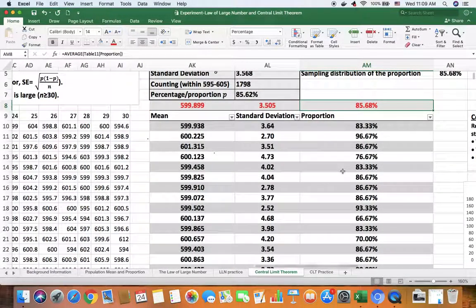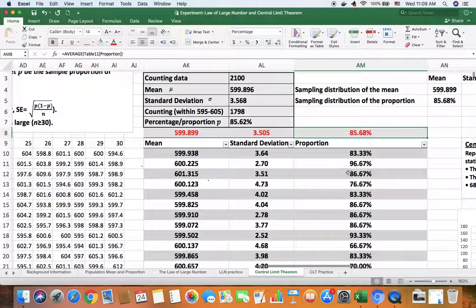Let's move to step 2, dive deeper. What if we can only use one sample to represent the population or to estimate the population? For example, sample 1.